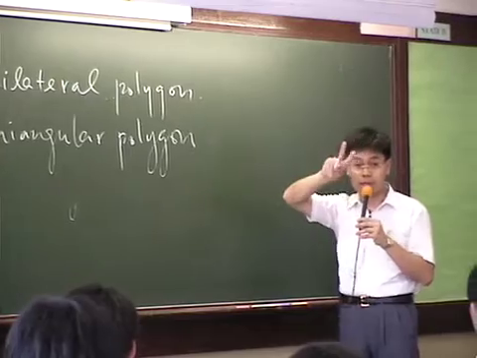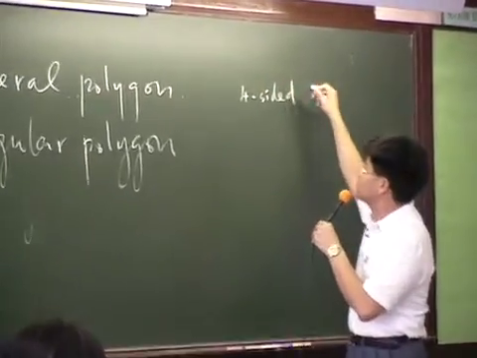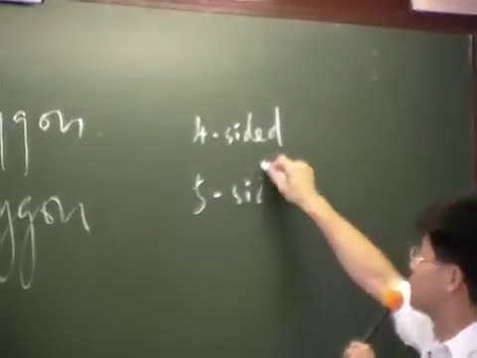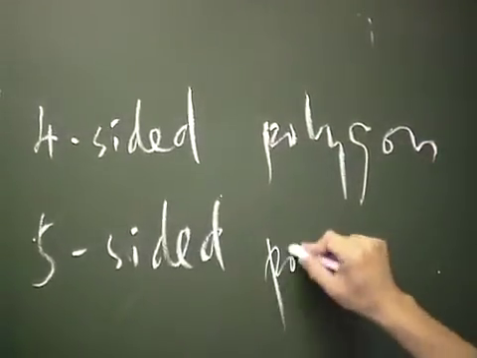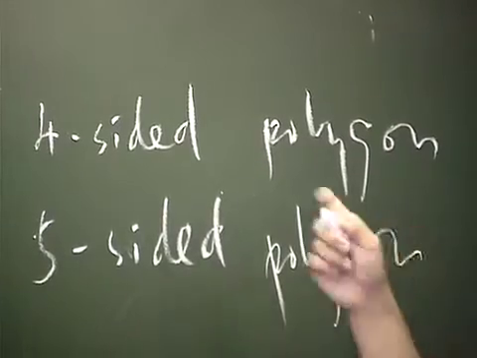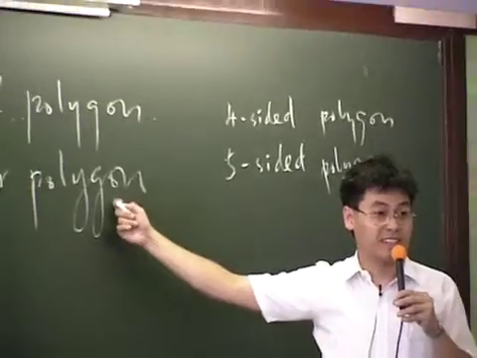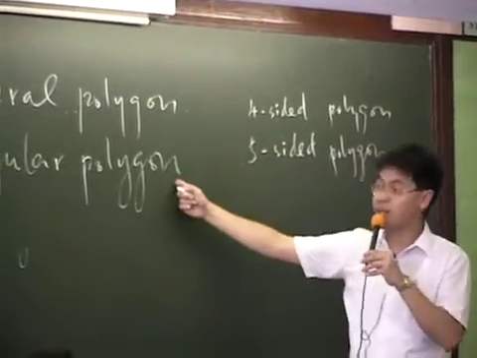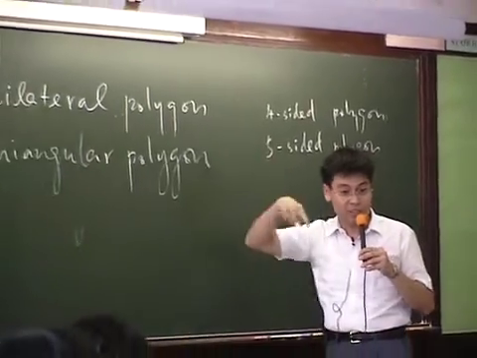Okay, I want you to help me draw two types of polygon. They are a 4-sided and a 5-sided polygon. That is equilateral, but it is not equiangular. And it is equiangular and it is not equilateral. Take out your classwork exercise book and try to draw.